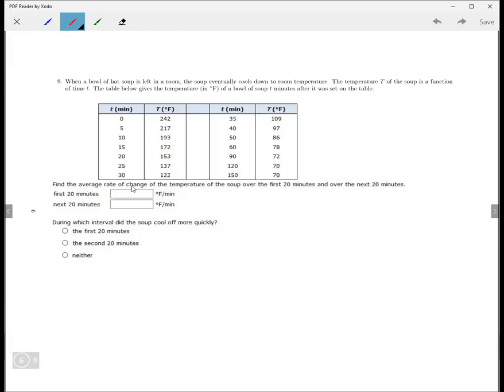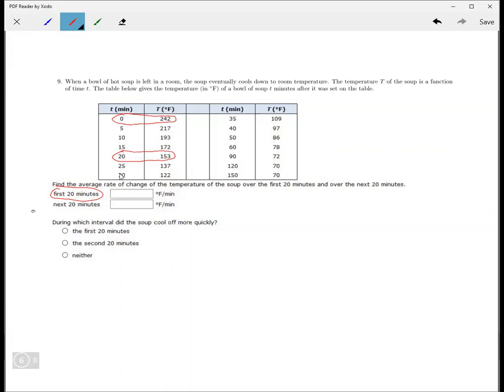Find the average rate of change of the temperature of the soup over the first 20 minutes and over the next 20 minutes. So we're looking for the average rate of change of the soup. The first 20 minutes would be from 0 up to 20.